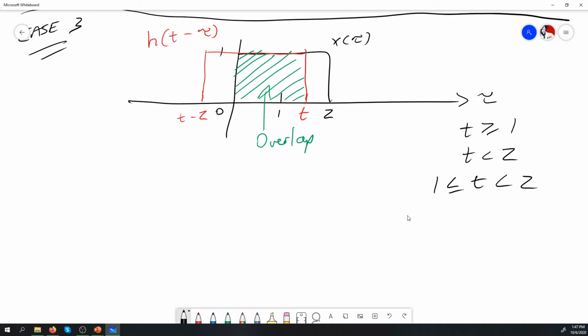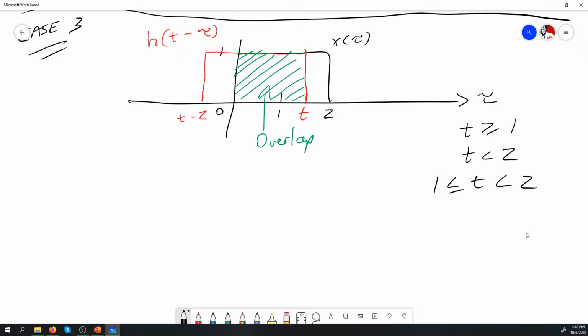But the reason I'm doing this in steps of 1 time unit width is to show you guys that it's always important to observe this 1 time unit width. You'll see why when we start evaluating the convolution.